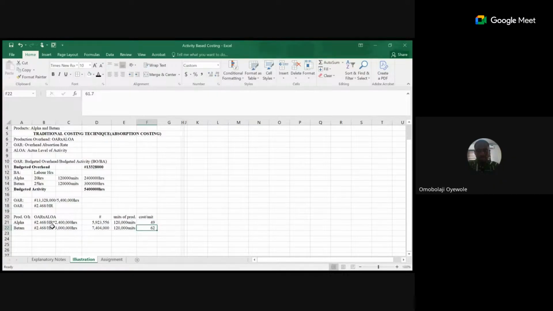But we now went further to calculate the total costs, the unit of production and the cost per unit.